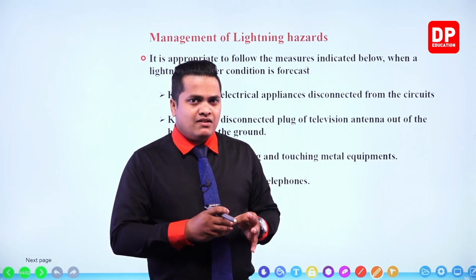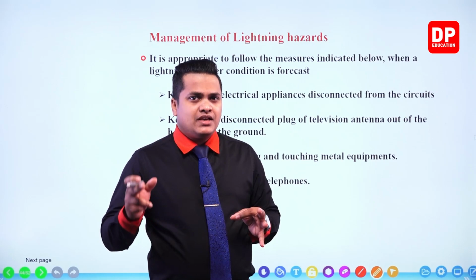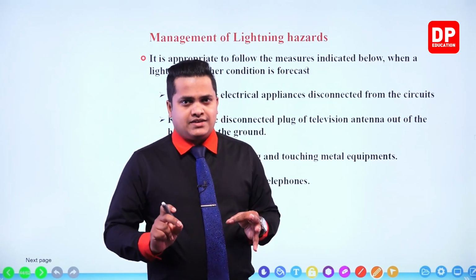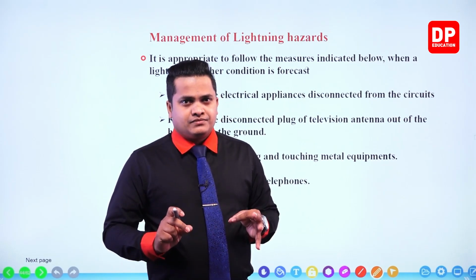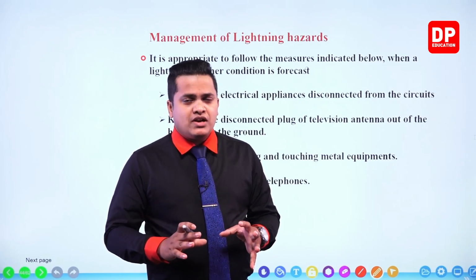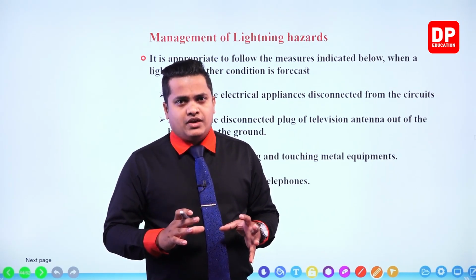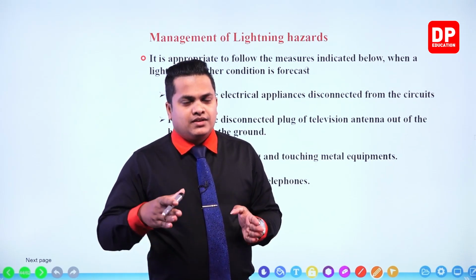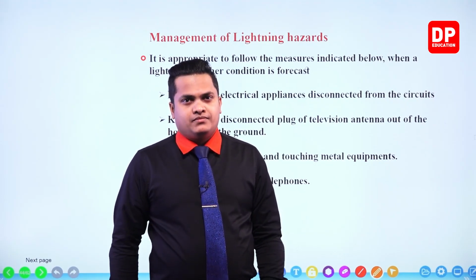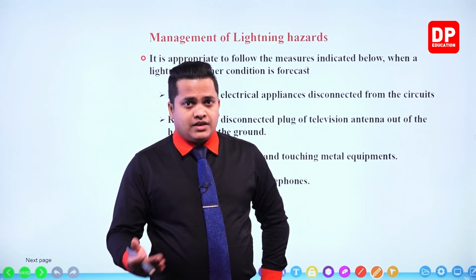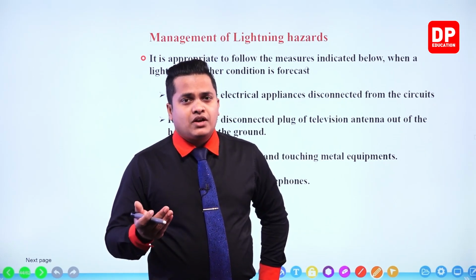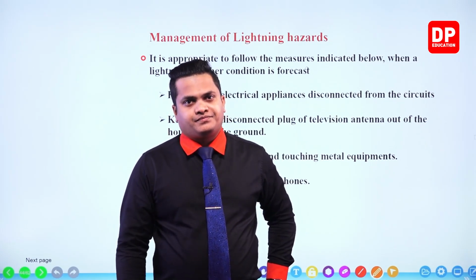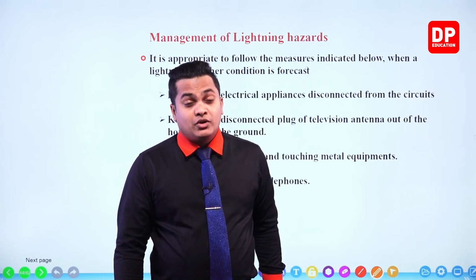Still the neutral wire is connected with the household electric circuit. So from the neutral wire, my dear children, the electrical charges given out by the lightning will come through the neutral wire.